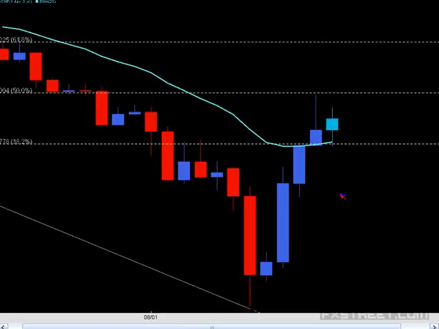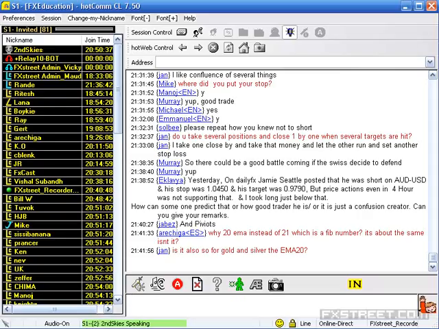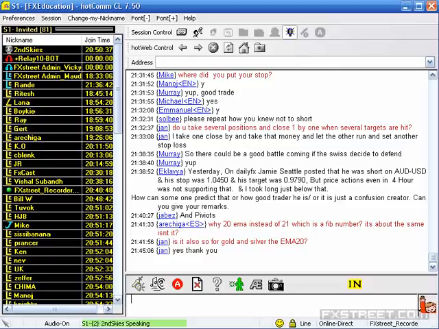Unless my target is 1,000 pips, then it's not worth it to me. So with that being said, in this case, I have two targets. 10 pips shy of this high and just a little bit shy of that. Those are my two targets. So hopefully that answers your question there. Okay, let me know if I did answer your question, Jan. Okay, great.